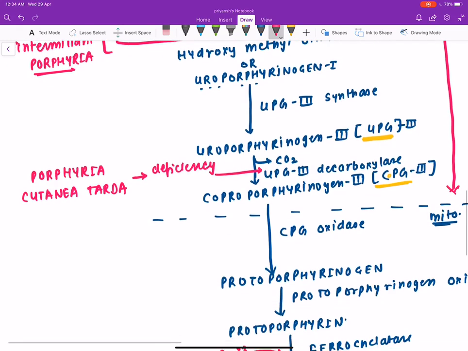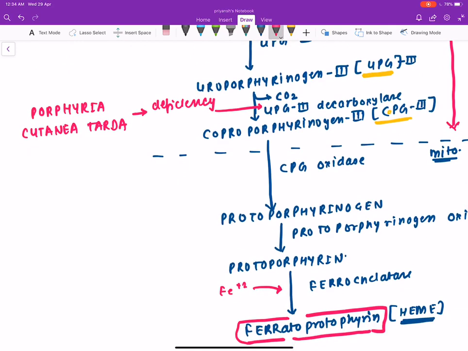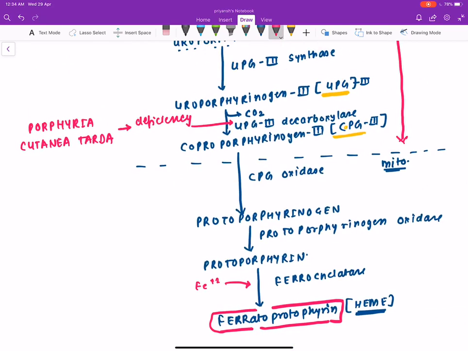Then the next: if there is deficiency of protoporphyrinogen oxidase, this condition is called variegate porphyria.